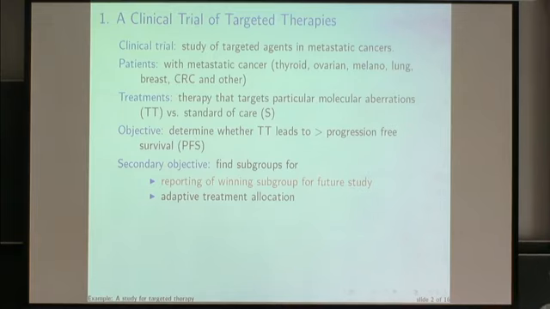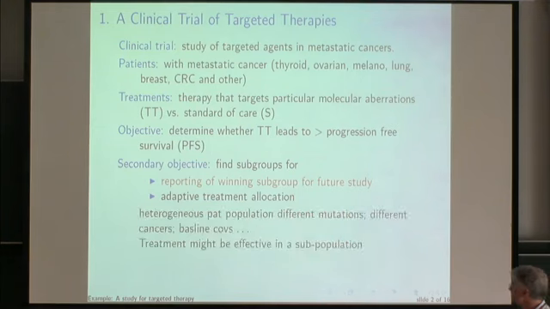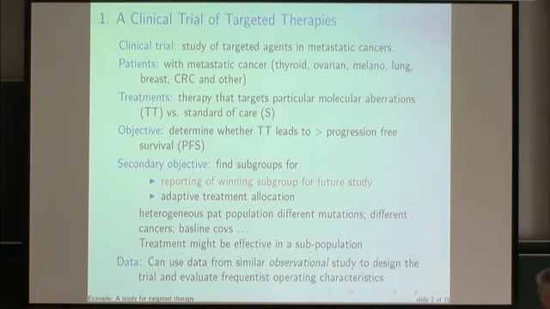We can preferentially allocate certain patients to certain treatments. We do so because this is a very heterogeneous patient population, since we essentially take patients across all diseases at MD Anderson, so cancers. And there's the notion that different treatments are likely to be effective in different subpopulations.